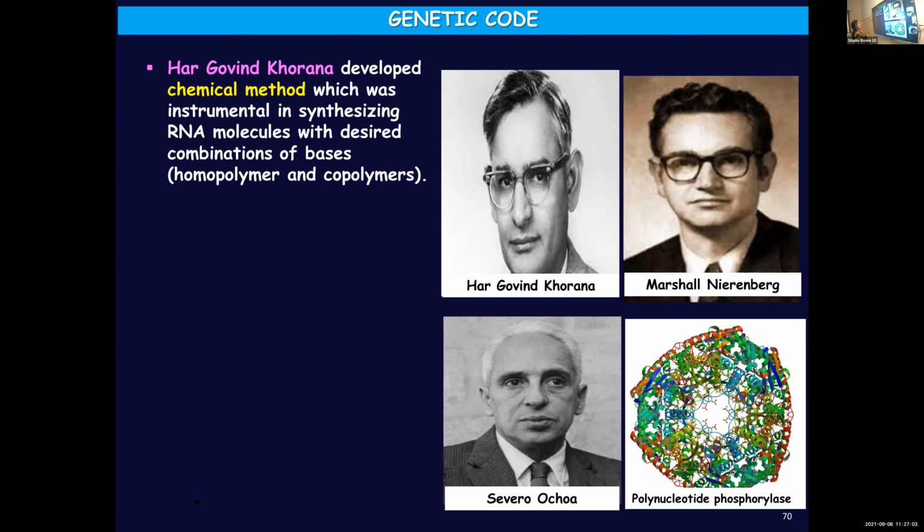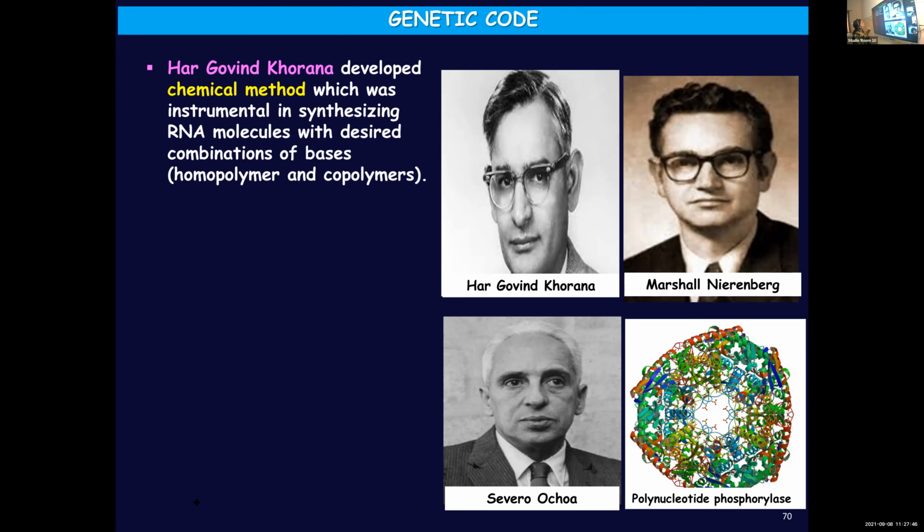Artificially, we can synthesize RNA molecules with whatever combination of bases we desire. Once that RNA gets translated into proteins, the proteins also will be of our choice. That was his contribution.